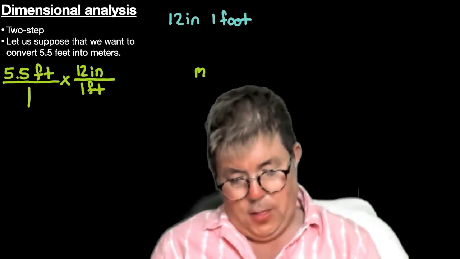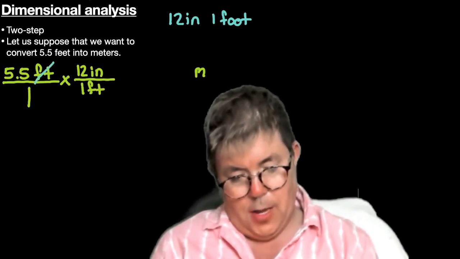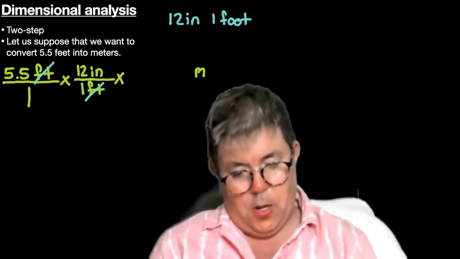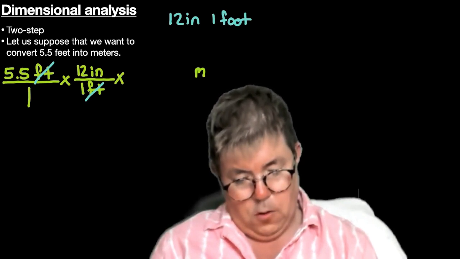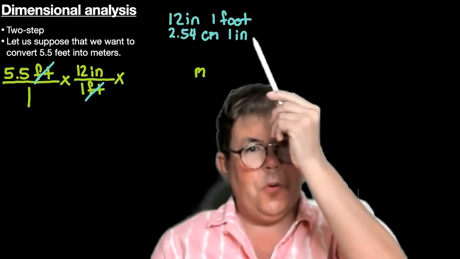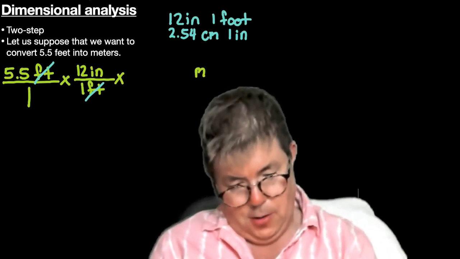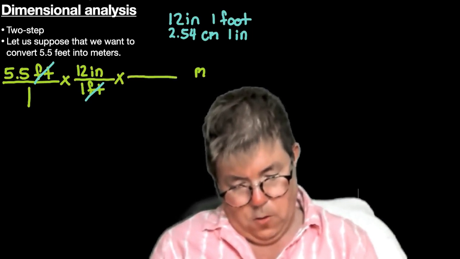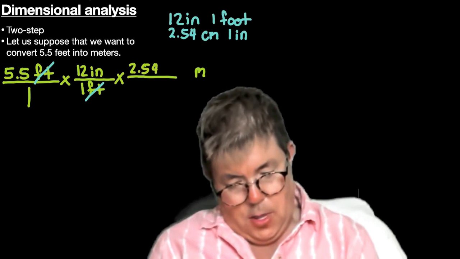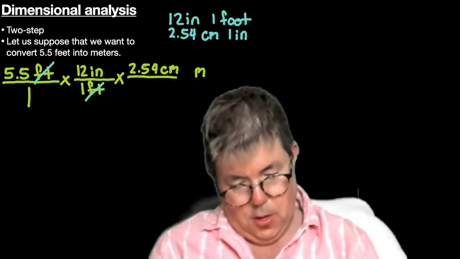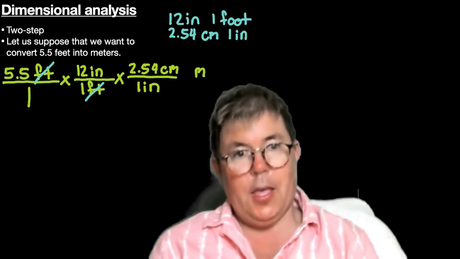Now we notice that feet cancel. We'll go to our second conversion factor. We know from the previous problem there are 2.54 centimeters in 1 inch. So we can use 2.54 centimeters per 1 inch. The new unit is centimeters, and 1 inch goes on the bottom. We'll notice our inches cancel.